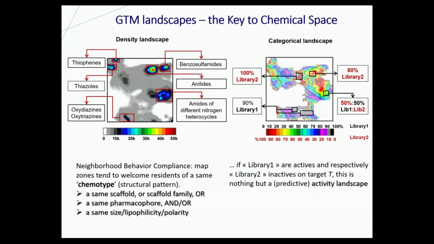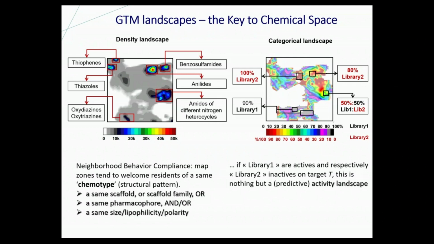If you color the members of one library in red and the others in black, then completely black or completely red nodes are exclusively populated by the members of one of the two libraries. Nodes in which the two populations mingled have intermediary colors. So you have a very visual view of the overlap.